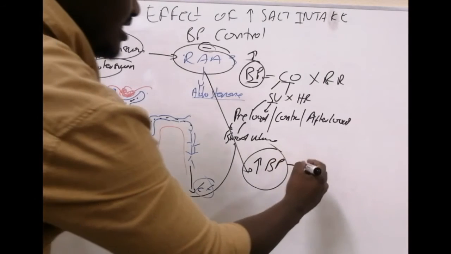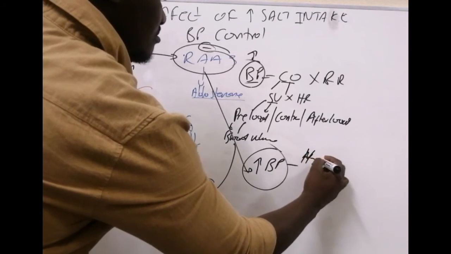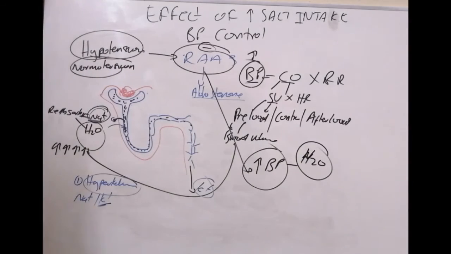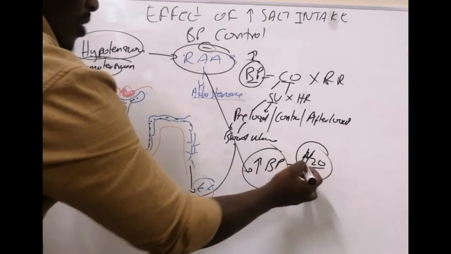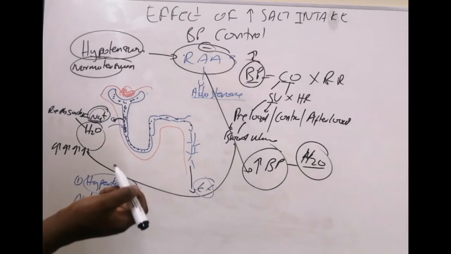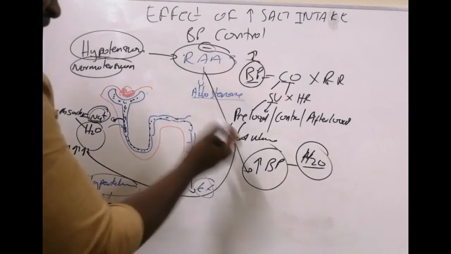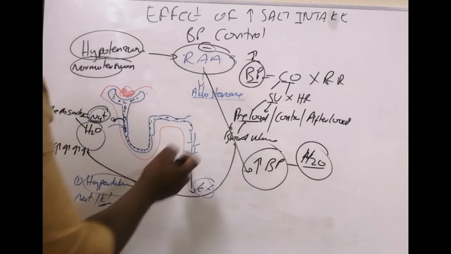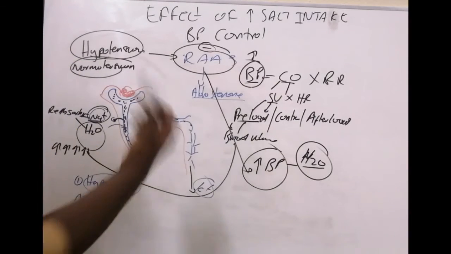By making sure that sodium and water reabsorption occurs. So this system knows that if water reabsorption increases, blood volume will increase, venous return will increase, preload will increase, stroke volume will increase, cardiac output will increase, and then BP will increase.